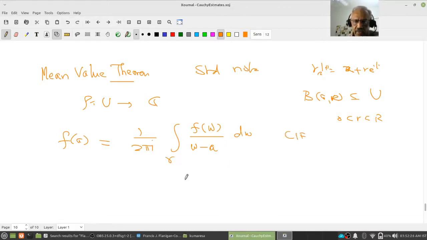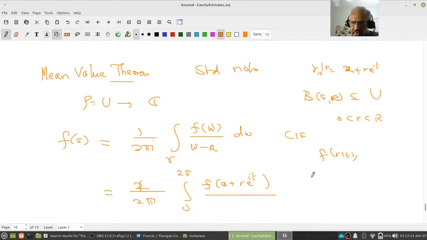This is over gamma. Now let us write down the path integral carefully. This is 1 by 2 pi i integral over 0 to 2 pi. What is w? w is a plus r e^(it). f of gamma(t) by gamma(t) minus a, that is your w minus a, therefore it's r e^(it), into gamma prime(t), that is r i e^(it).